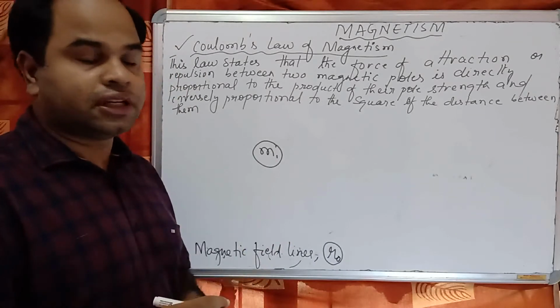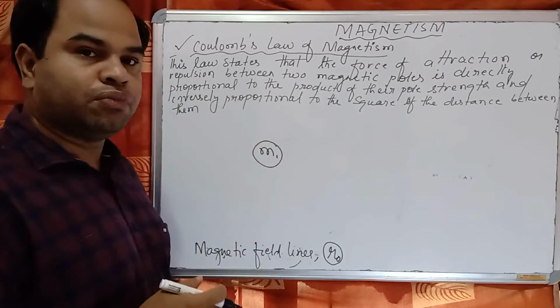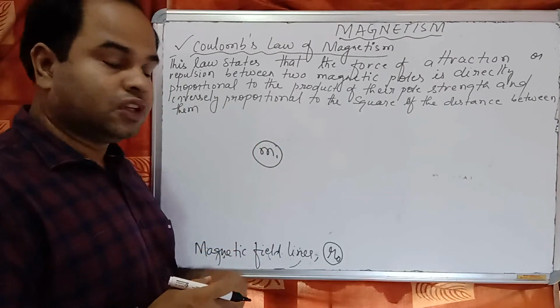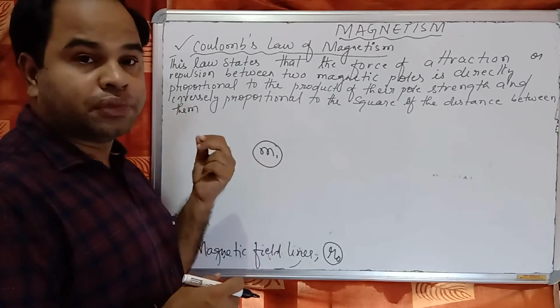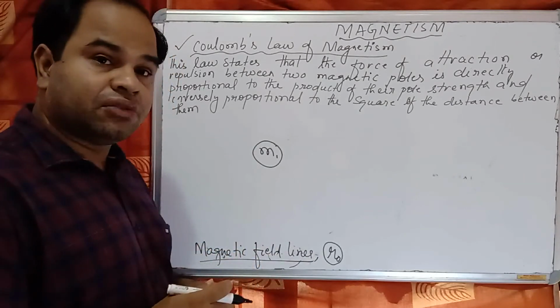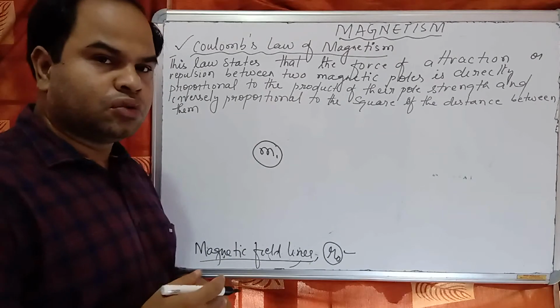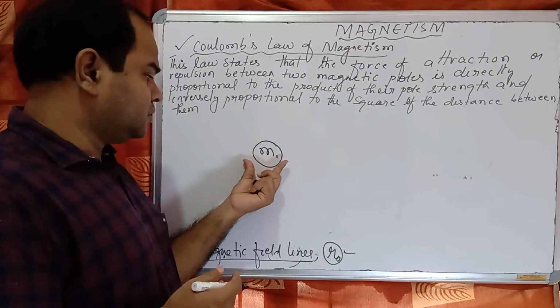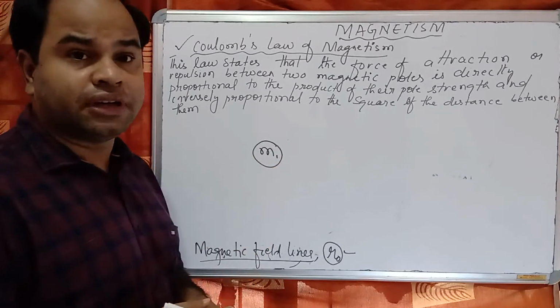So again, let us consider a pole having pole strength M1. When it is placed in a medium, it will produce magnetic field lines. Let us say this magnetic pole is placed in an air medium.